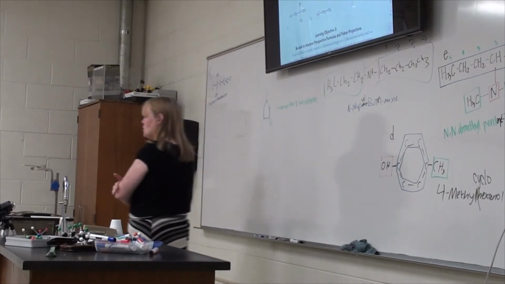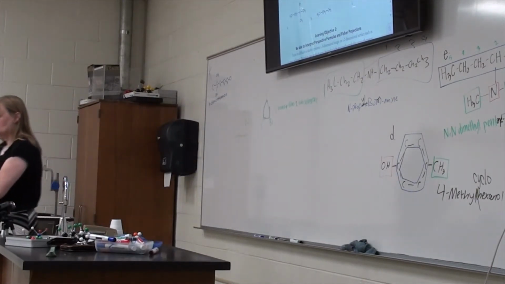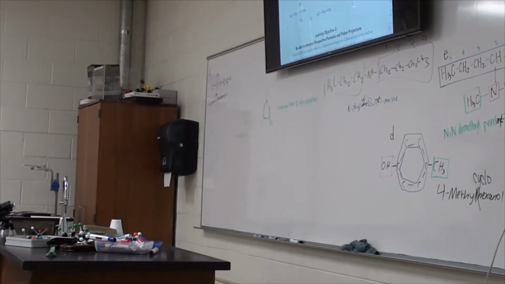Also, if you have your workbook open, or you can have the textbook for right now, there's a skills check that I wanted to go through and make sure that as a first step, you can recognize that a carbon has four different atoms or groups attached to it, and so therefore you could identify that there is a chirality center there that you're going to have to do something about stating what the stereochemistry is. Okay?